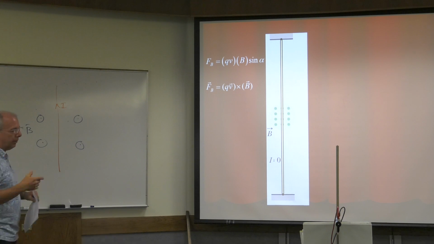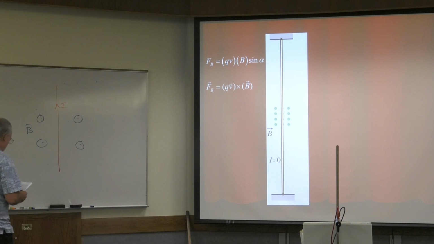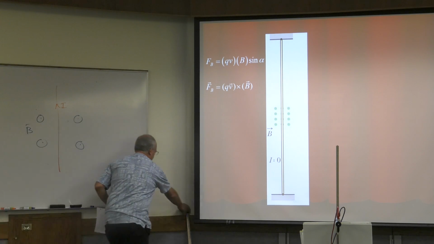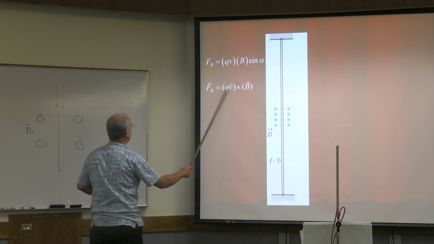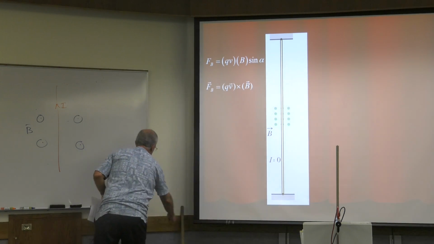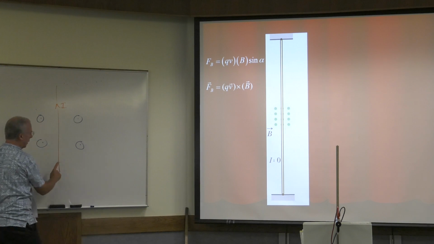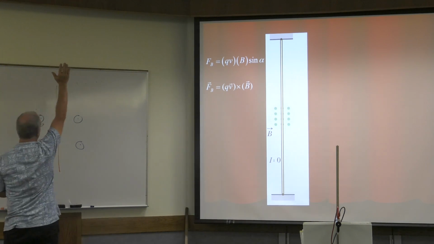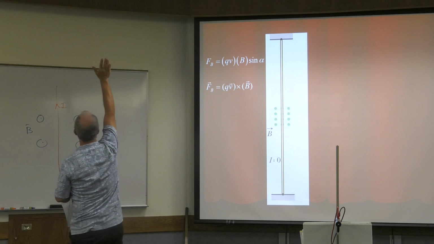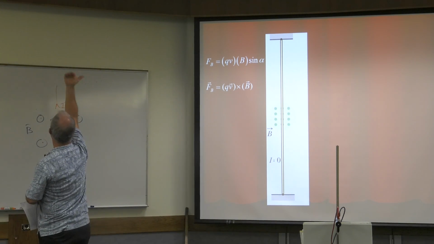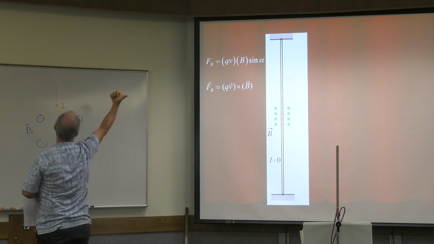And if so, what's going to be the direction? Well, just use this. The current means the positive charge carrier is moving up, so QV is up, and the magnetic field is out, so the force is to the right.